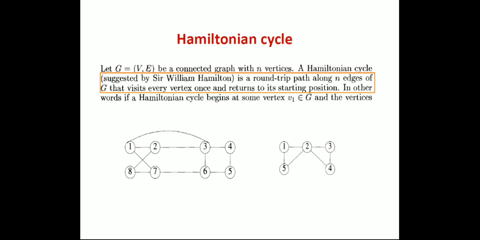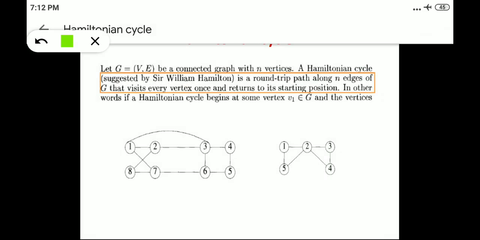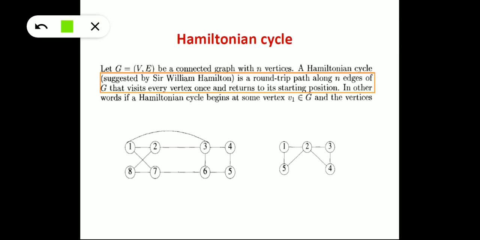So in this particular graph, in the first example, we can obtain a Hamiltonian cycle by visiting vertex 1 to 2, then 2 to 8, then 8 to 7, 7 to 6, 6 to 5, 5 to 4, 4 to 3, and then from 3 to 1.